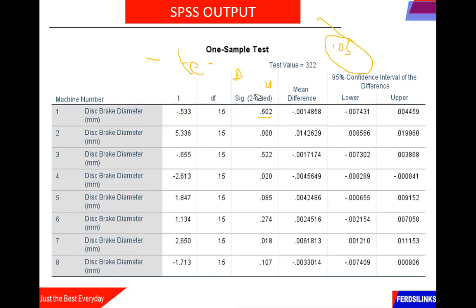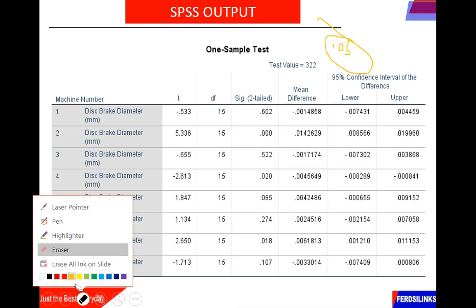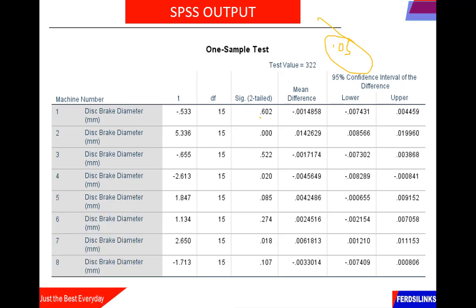Now the second thing is that, still looking at this, on the opposite, if your value is less than this, then the test is significant. And so that's why we see here that this one is insignificant, because the value here is greater than this.